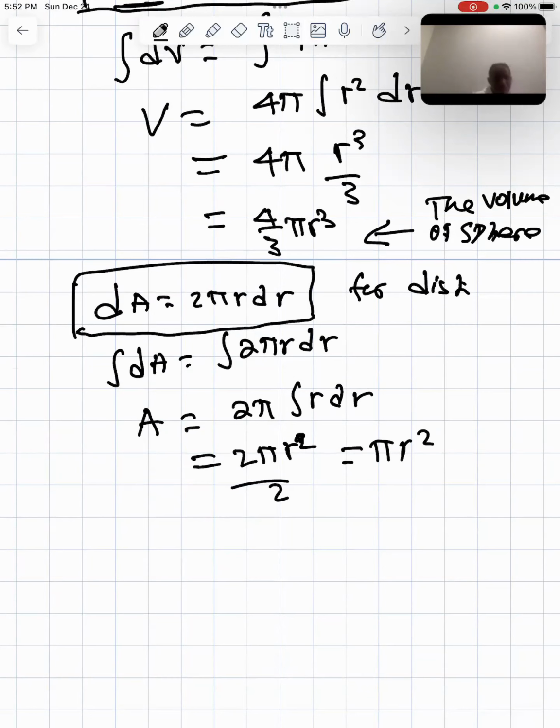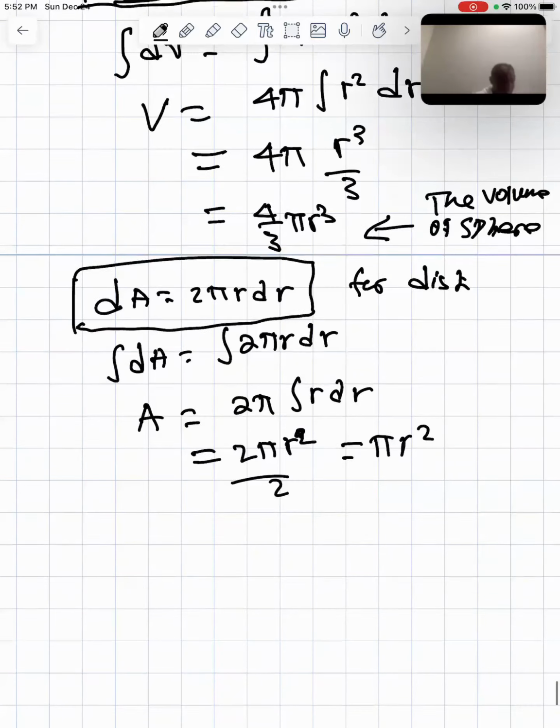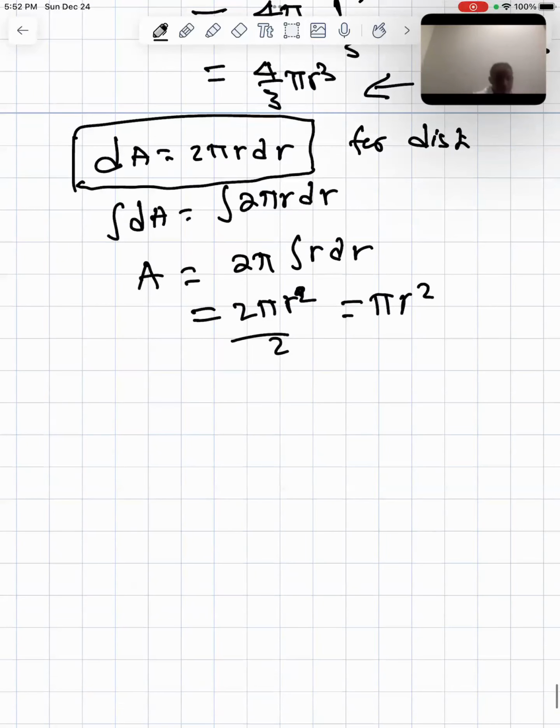Now let's use this to find the electric field for different systems. Remember, how can we find the electric field? The electric field is a little bit tricky concept. For a continuous charge distribution, the electric field, as I discussed, is K times the integral of dq over r squared.